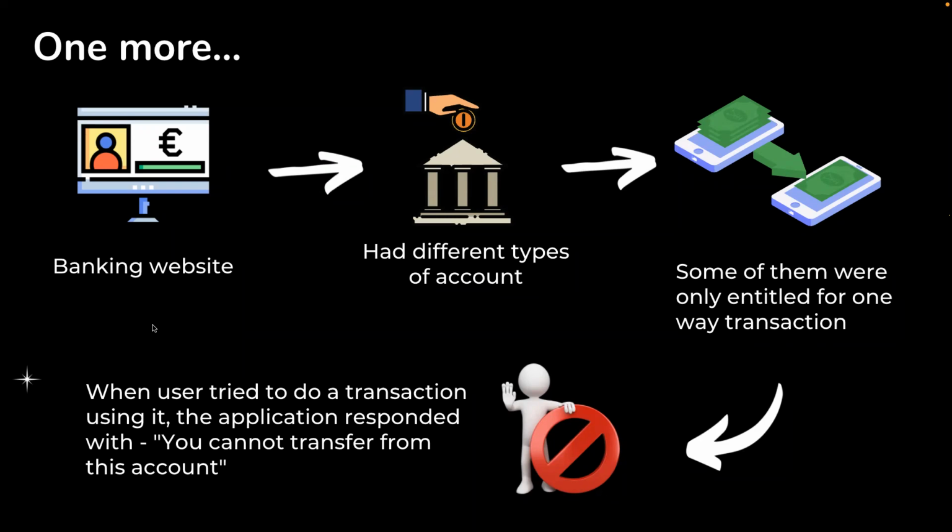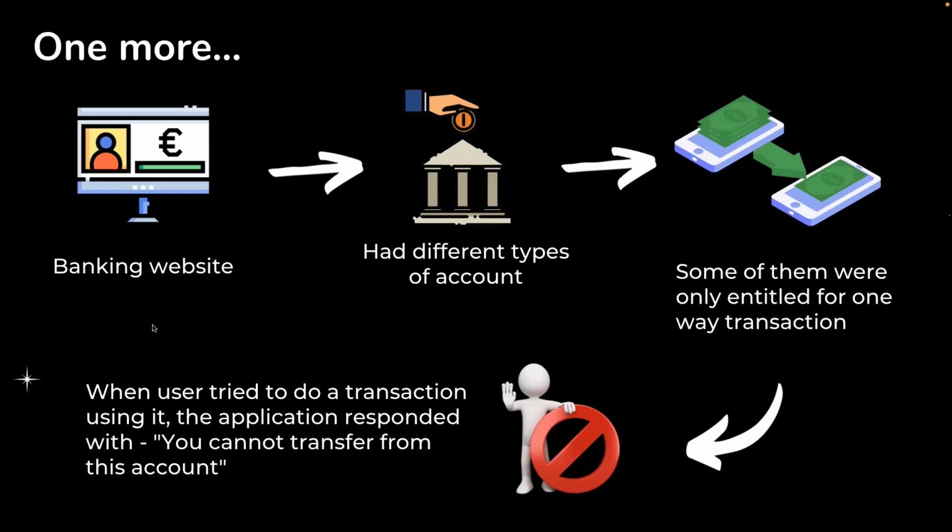Some accounts were entitled only for loan. For example, if you have taken a loan, you have to take a loan against that account. So if you have taken a loan against that account, you can only deposit to that account and you cannot withdraw from that account. These kinds of restrictions were imposed in that application.